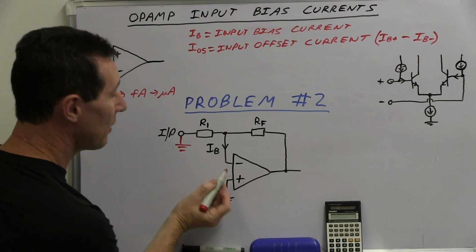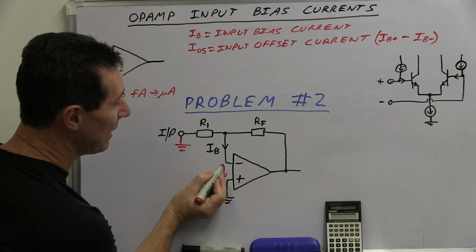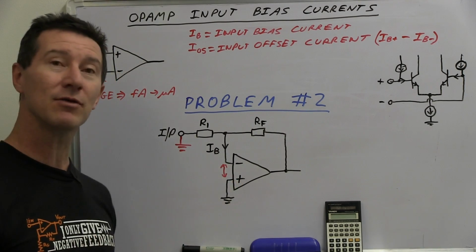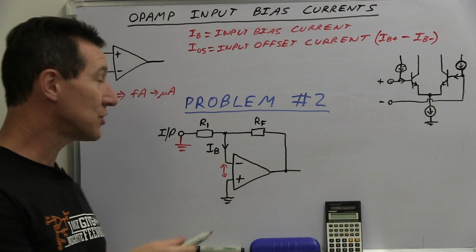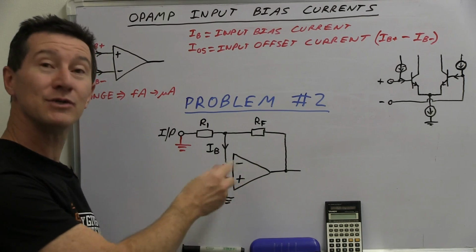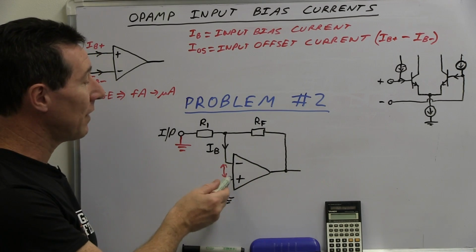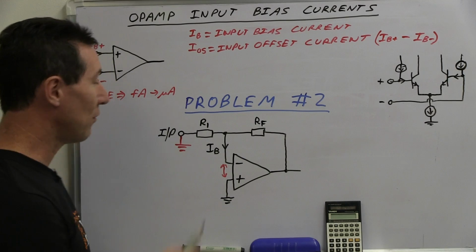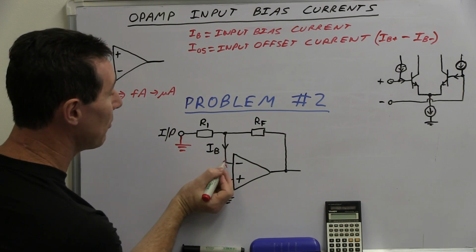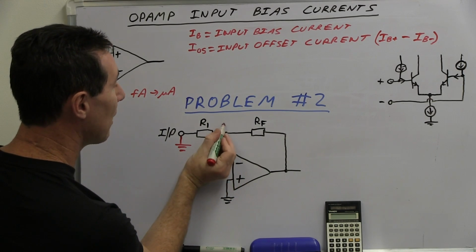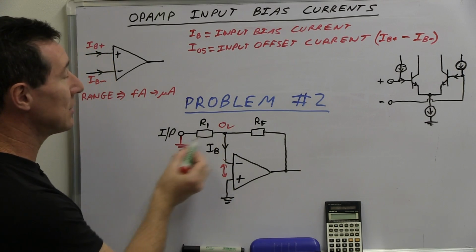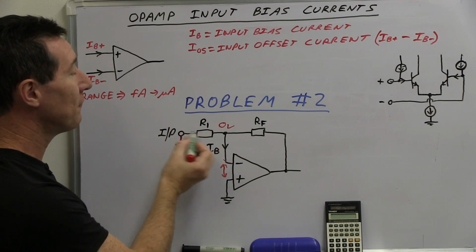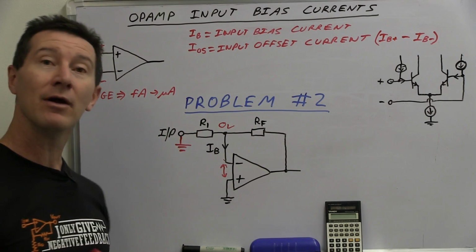So the difference between here and here is going to be 0. Remember, due to op amp action, the op amp does whatever it needs on the output to ensure that the two inputs are exactly the same voltage, if your input offset voltage is 0, which we'll assume. So this point here is also 0 volts. It's also grounded, so there's no current flowing through R1 at all.